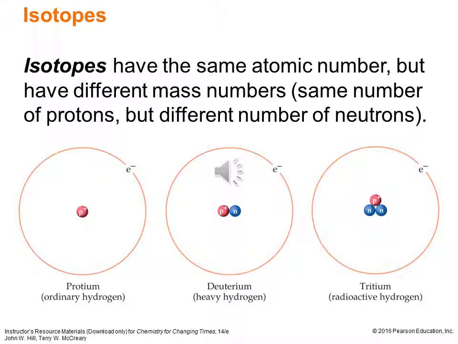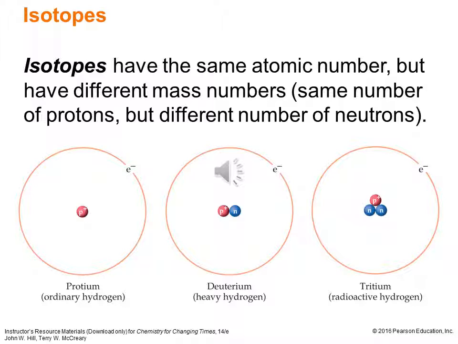Then if we look in the middle of our graphic, we now have 1 proton and 1 neutron, so our atomic number stays 1, we're still hydrogen, but now our mass number goes up to 2 because we have the 1 AMU from the proton and 1 AMU from the neutron, and now we're dealing with deuterium. It's still hydrogen, that's just the name of the particular isotope that has the neutron as well, sometimes known as heavy hydrogen, and deuterium is the isotope used in heavy water nuclear reactors.